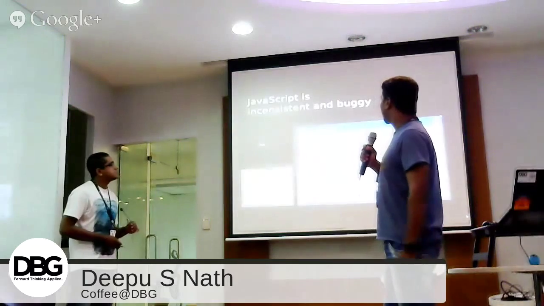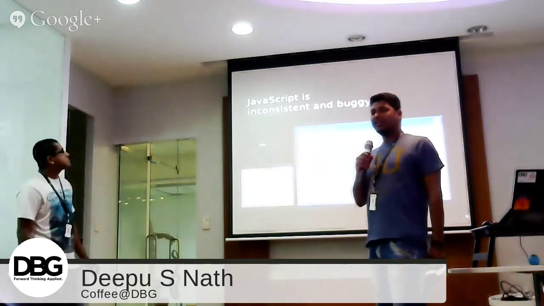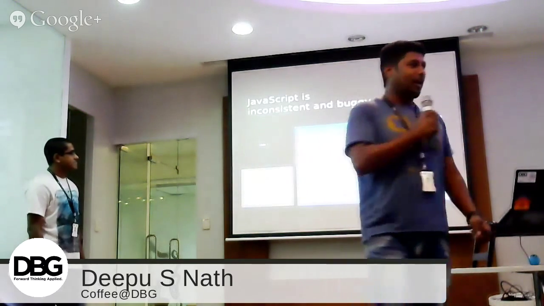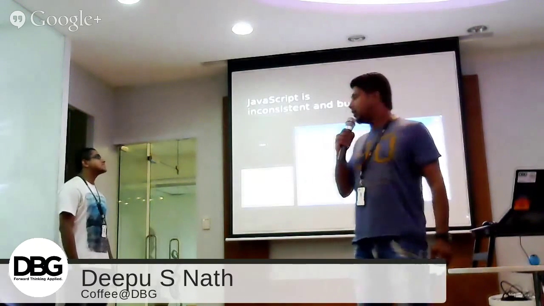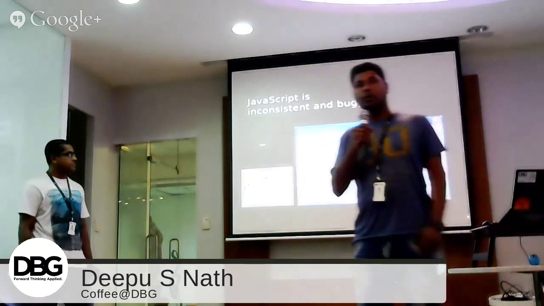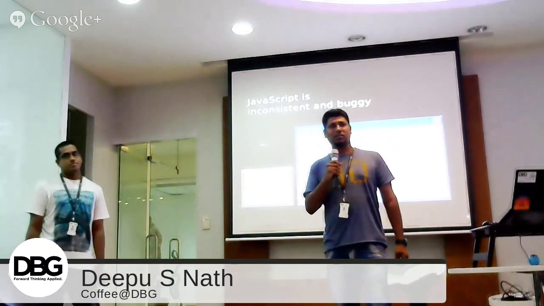Next one, JavaScript is inconsistent and buggy. Many of you are familiar with this error screen, right? Sometimes it doesn't show that error in Mozilla, and it works in some browsers and doesn't work in some other browsers. So isn't it a buggy language?